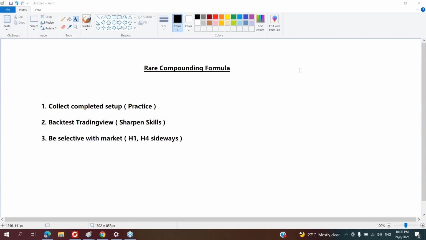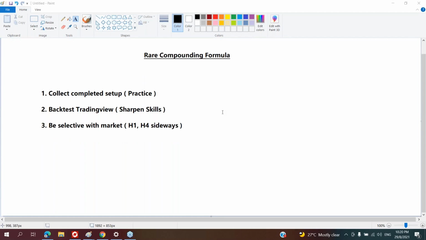But this type of compounding needs extra care because its lot size is different from the compounding that you usually see.